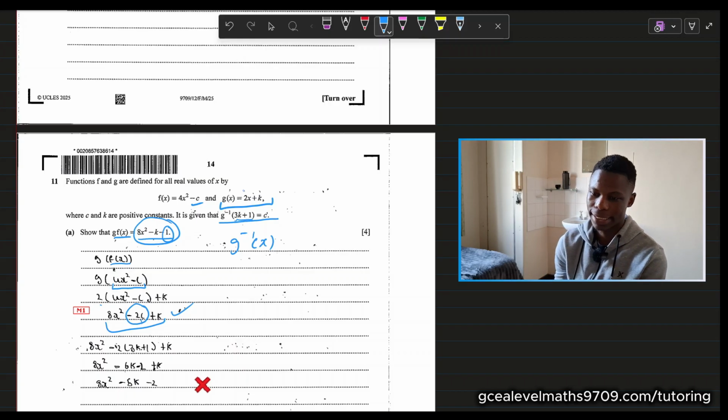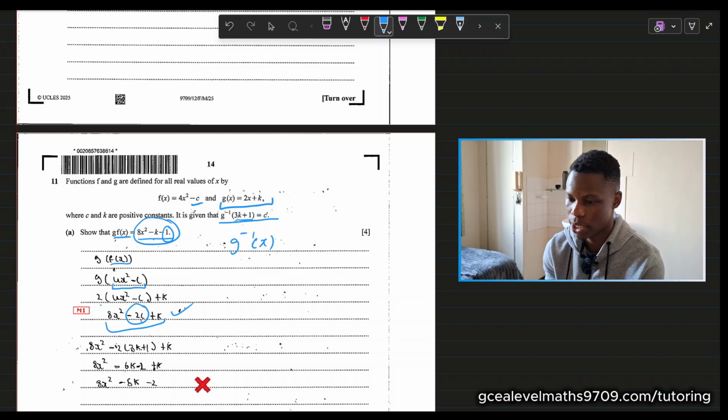Or the second idea you can use is, let me write it as, f inverse of f of x is equal to x. An inverse function cancels out the original function to leave us with x.